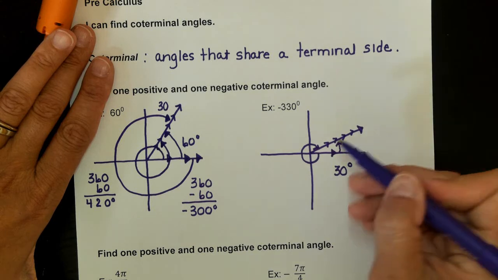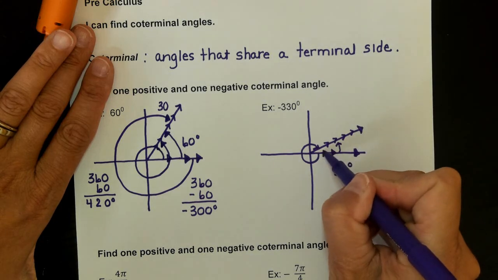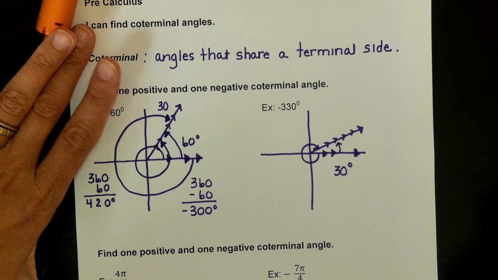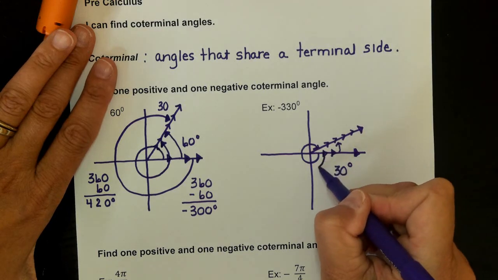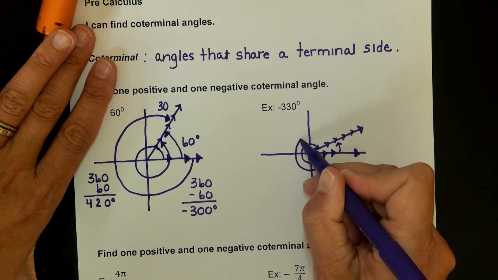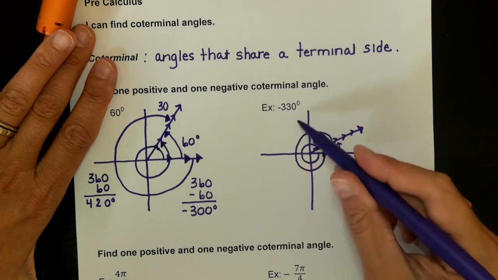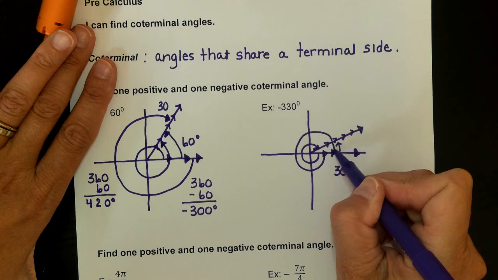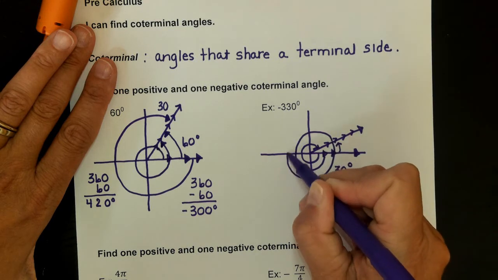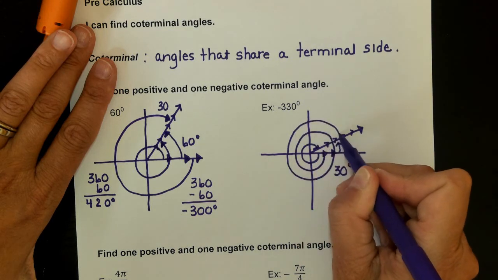Now for the negative, again, start on the positive x-axis. Negative means I'm going to go all the way down and around. Well, that is the original. So that means I have to keep going until I get there again.